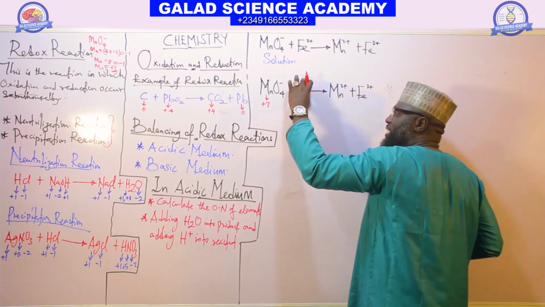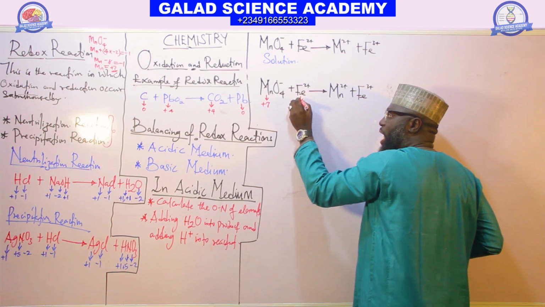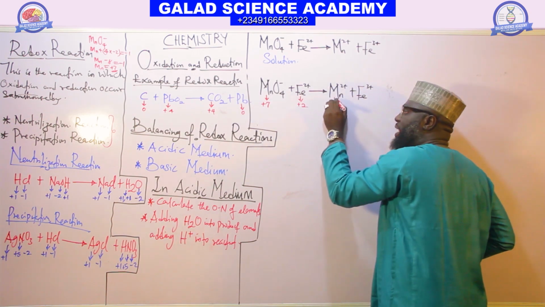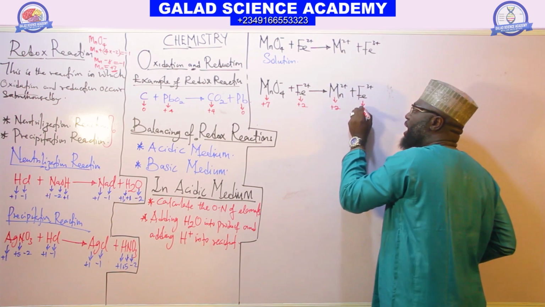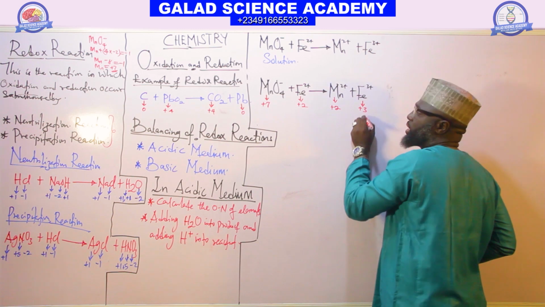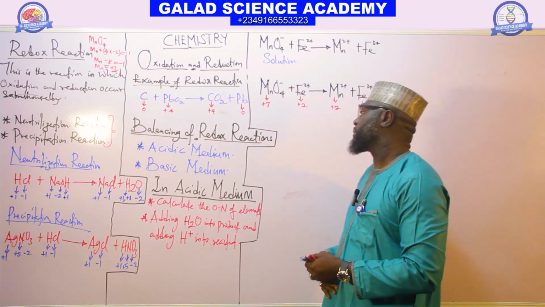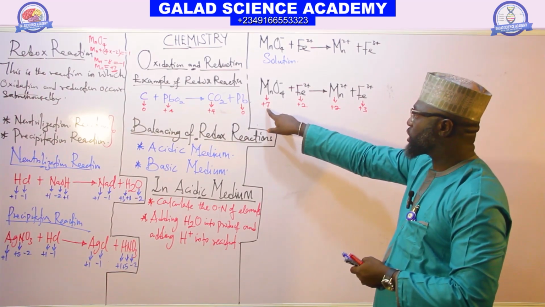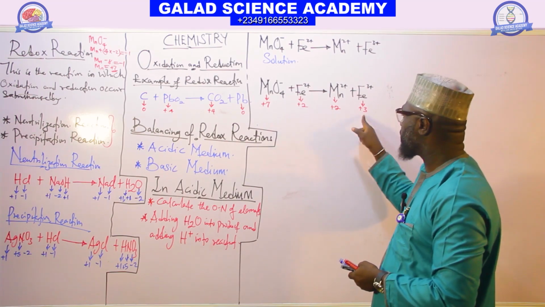What is the number for iron here? Iron here is plus 2. Manganese here is plus 2. Iron here is plus 3. Let us apply the rules. Manganese goes from plus 7 to plus 2. Iron goes from plus 2 to plus 3.